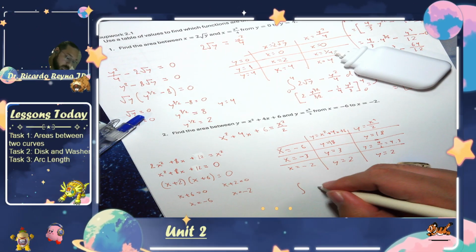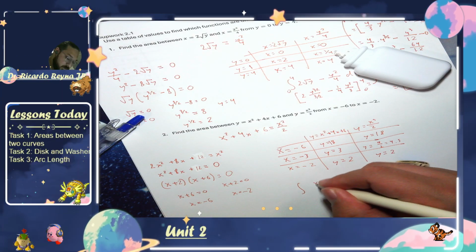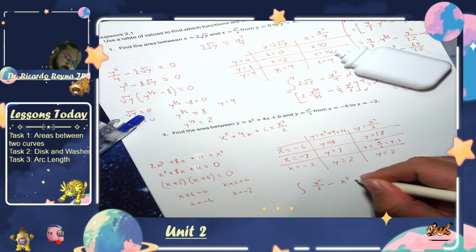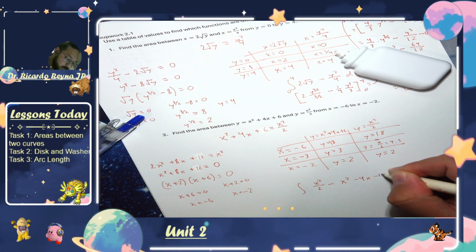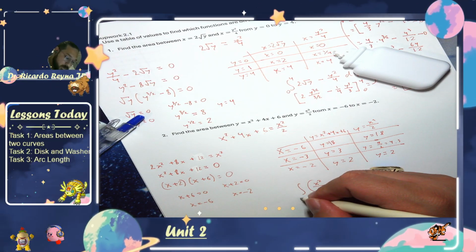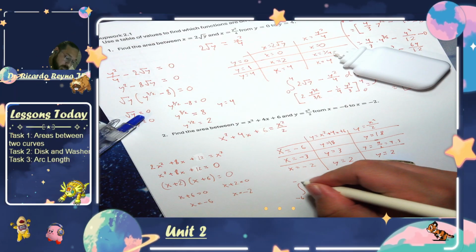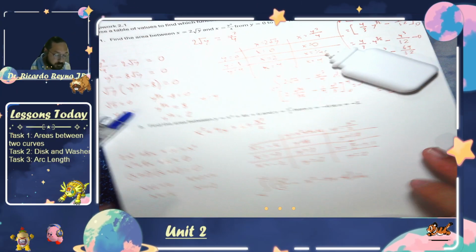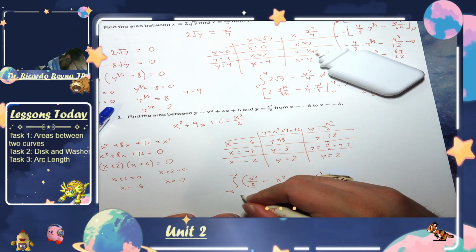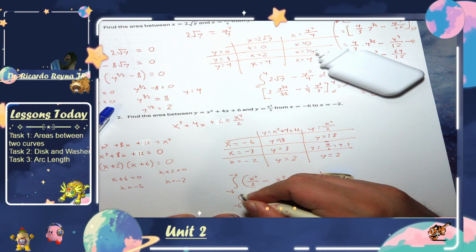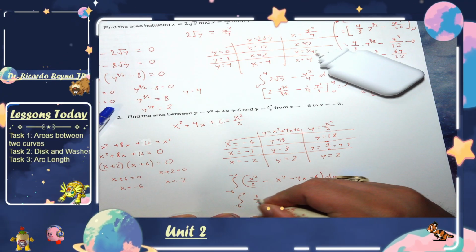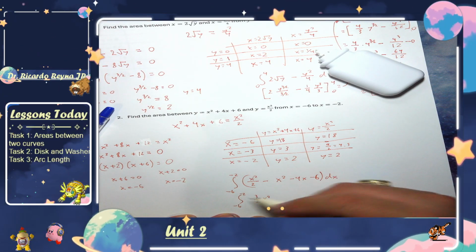So the integral should be set up with this one first, minus this whole thing, from -6 to -2. Okay, that could be simplified to 3 over 2 x squared.